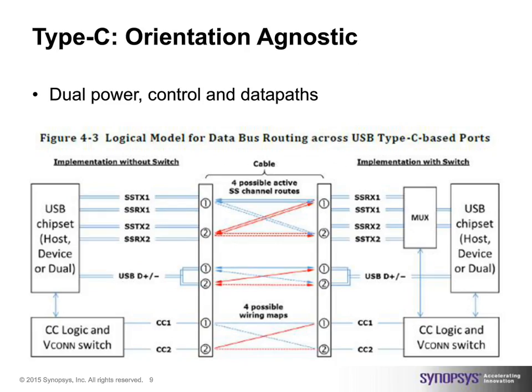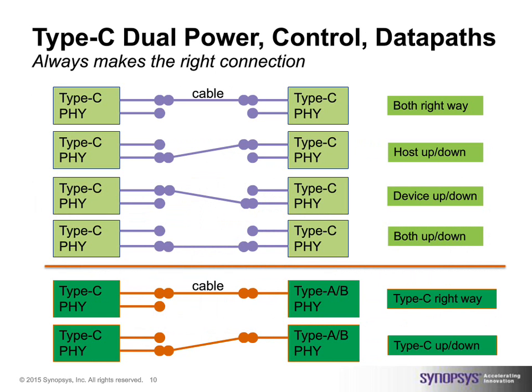So let's look at the dual power control and data paths in a bit more detail again. You can see on this diagram, we've shown a Type-C with 2 possible ports, and the cable connects either straight, crossed one way or the other, or opposite, or upside down on both sides, and it all works.